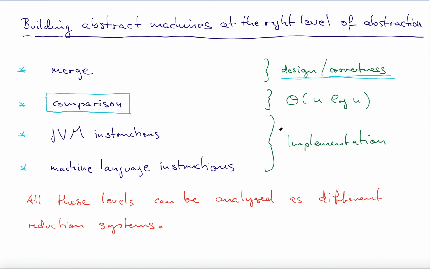Okay, so I hope you also appreciate that this very general idea of reduction systems allows us to relate all these different levels of abstraction to each other. For example, I can say one step of merge takes so many comparisons. And then how do I compare elements?